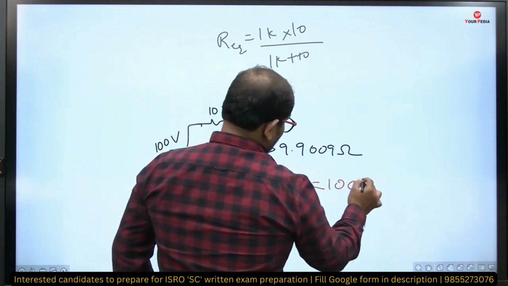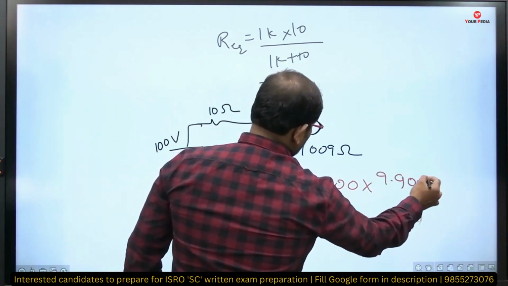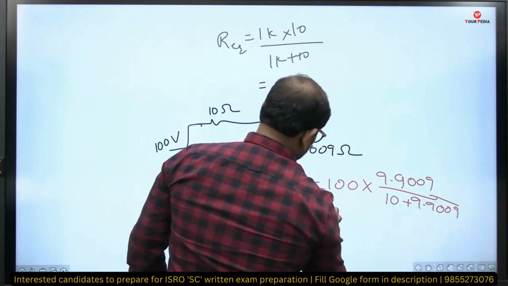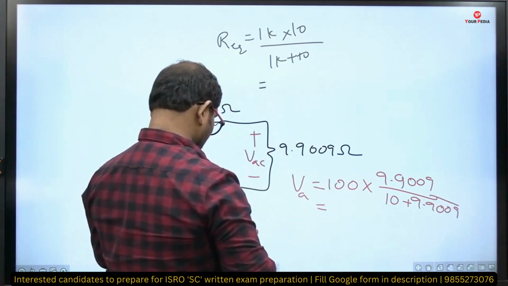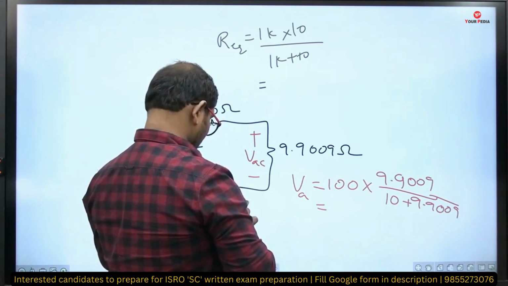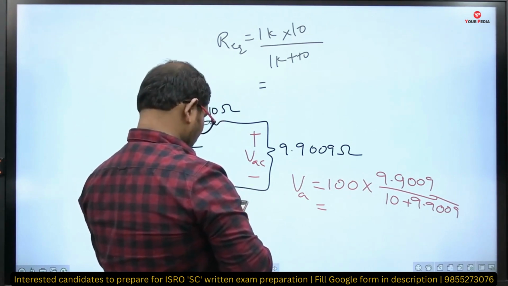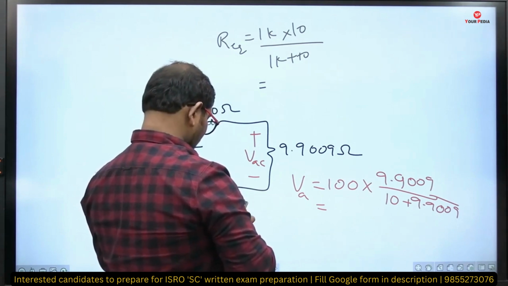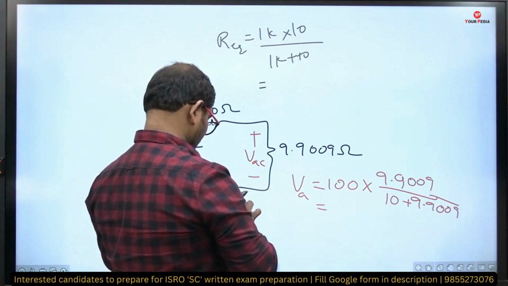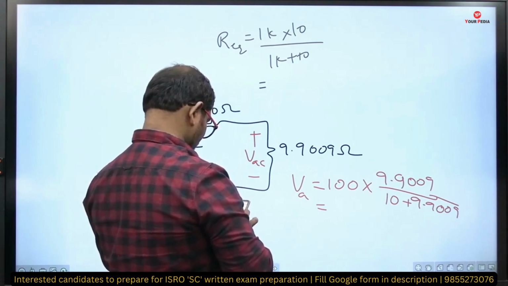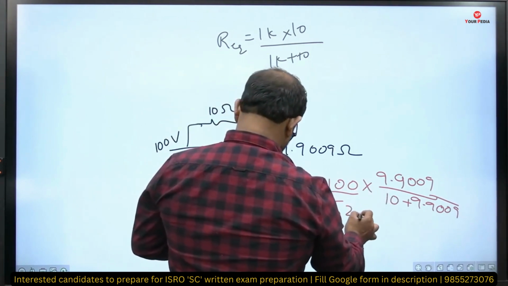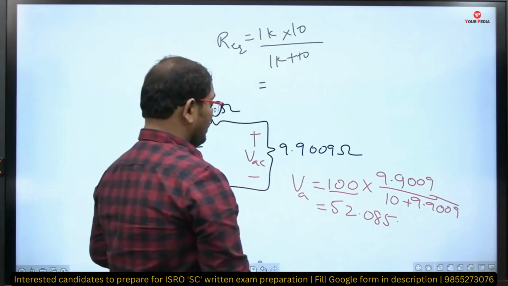By using voltage division again, it is 9.9009 divided by 10 plus 9.9009, which is 9.9009 divided by 19.9009. So this becomes 52.085.